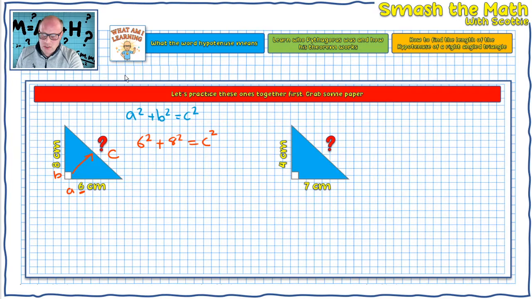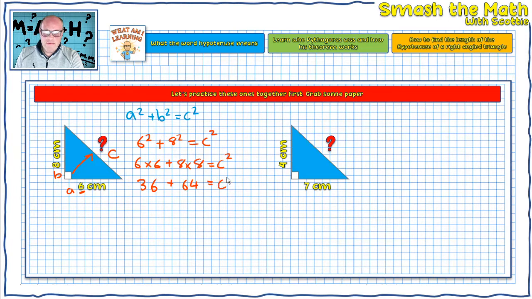Or remember that big square behind that side there, the hypotenuse. Okay, so remember you need a calculator for this. So if you get your calculator, you can work it out, or if you can do it in your head, you know your times table, that's fine. So we've got 6 times 6, remember it's 6 squared, times by itself, plus 8 times 8 equals C squared. So 6 times 6 is 36, plus 8 times 8 is 64.